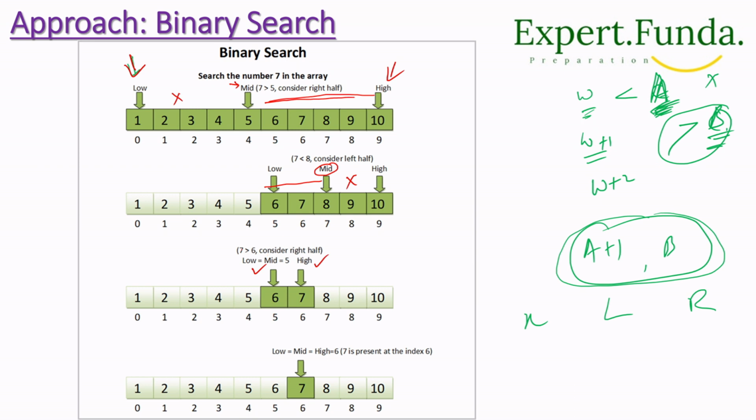Now 7 is greater than 6, so we'll consider this half, and this is our answer. We have seen that low, mid and high are all 6, which means 7 is present at index 6.